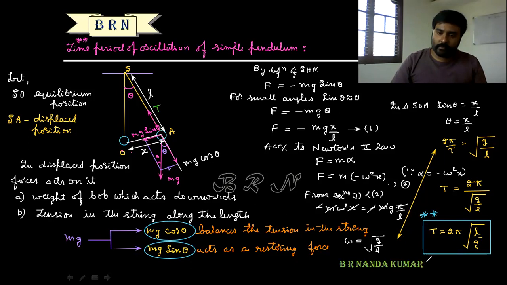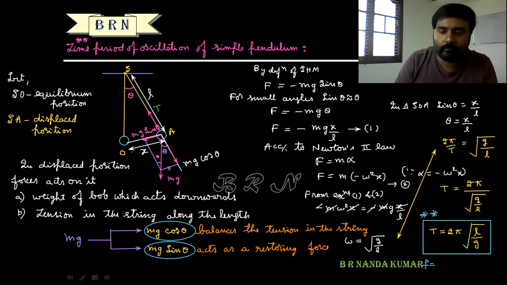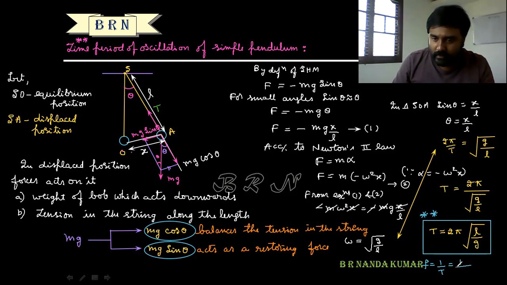So what about frequency? Frequency is the reciprocal of time period. So f is equal to 1 by T, and this is 1 divided by 2 pi root L by g.